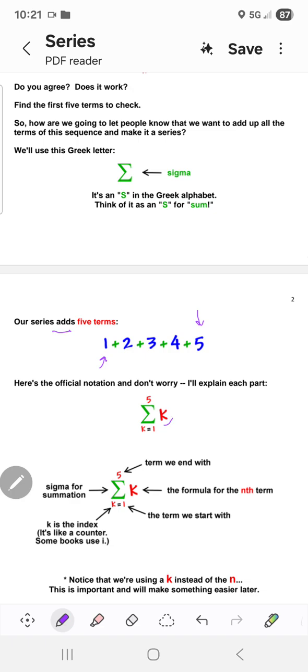My equation is on this side. So for this equation, it says let k be 1. So start there, 1. Then use sigma, that means plus. Now go up to the next one, that's 2. Plug 2 in here. Use the sigma, that's plus. Now go to 3. Now go to 4. Stop at 5. And that's what that notation means.